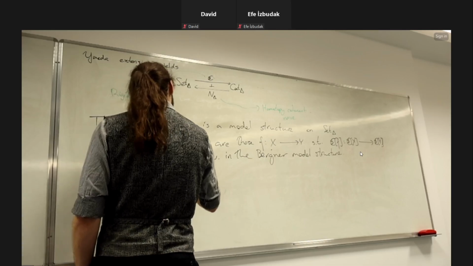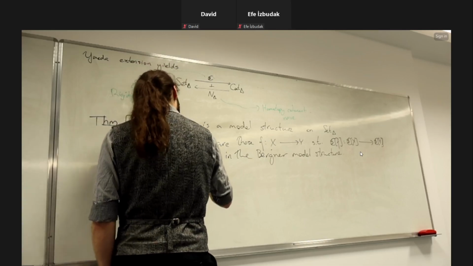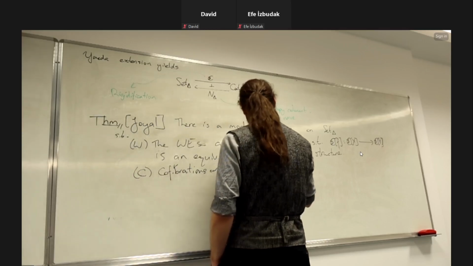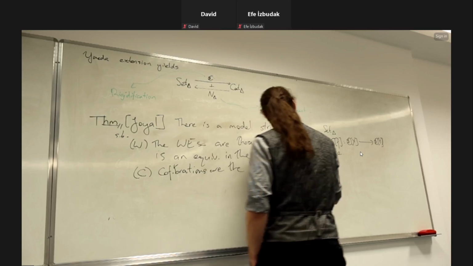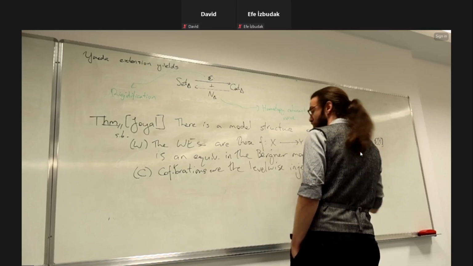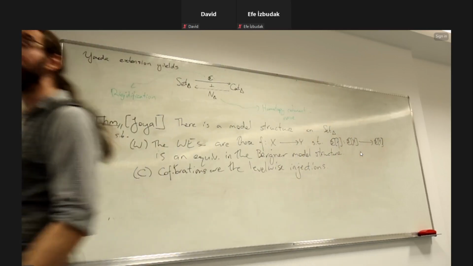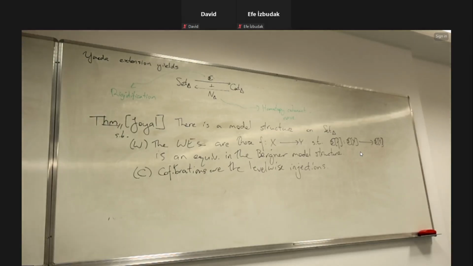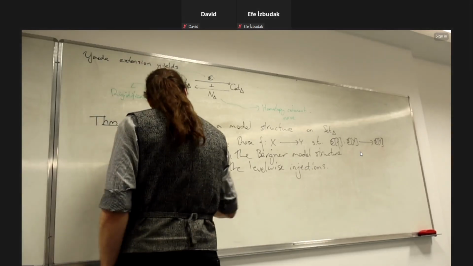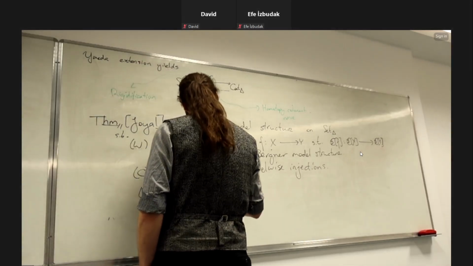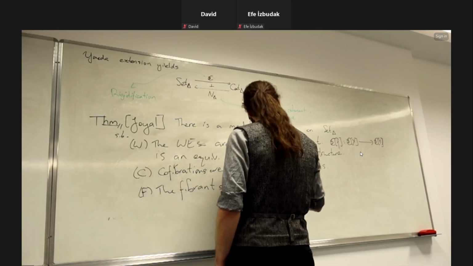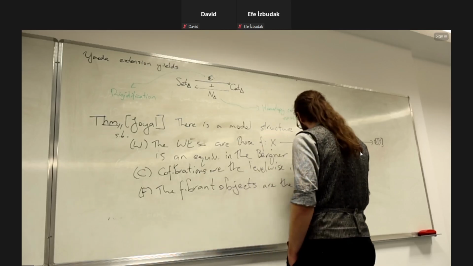The cofibrations are the level-wise injections. So same cofibrations as our model structure for complexes. And the fibrant objects are the quasi-categories.